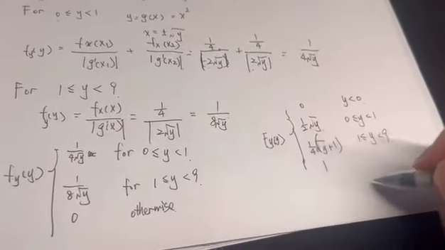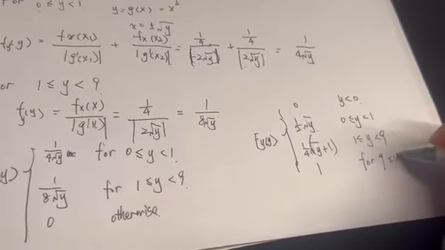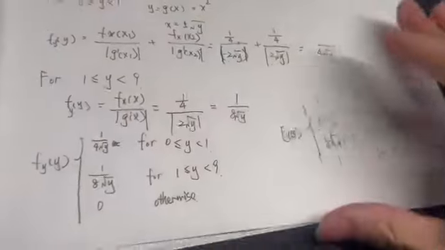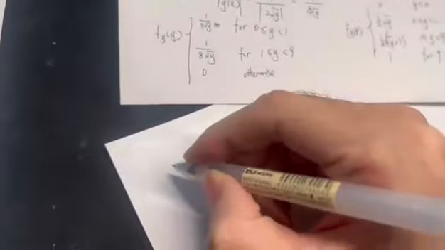And after that it becomes 1, since it's a uniform function. So we can also write all this information into just one equation. So it's another form.